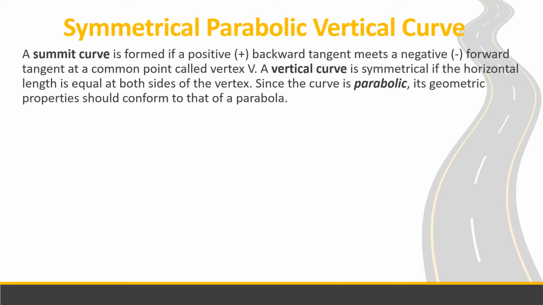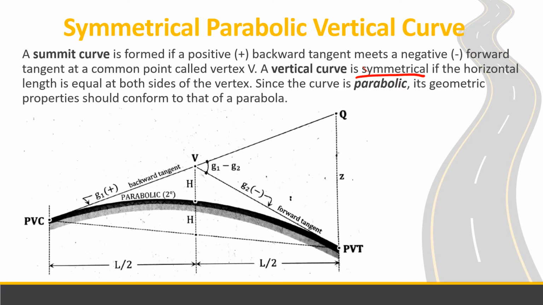A vertical curve is symmetrical if the horizontal length is equal on both sides of the vertex. Since the curve is parabolic, its geometric properties should conform to those of a parabola. This is an example of a summit curve, or vertical curve, that is symmetrical.